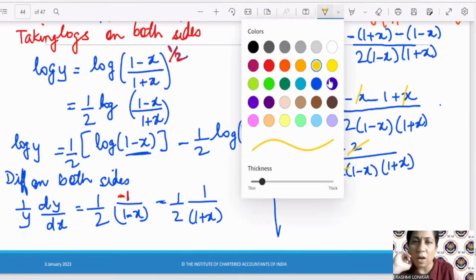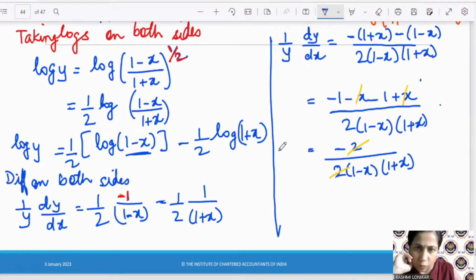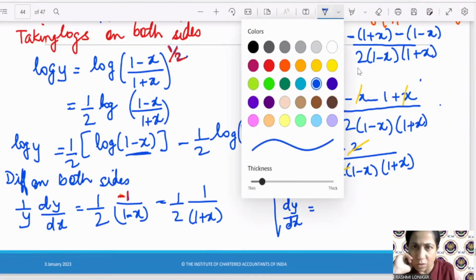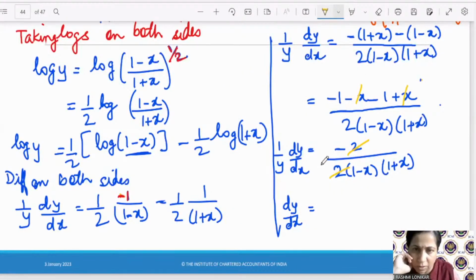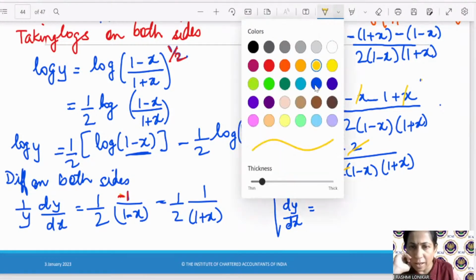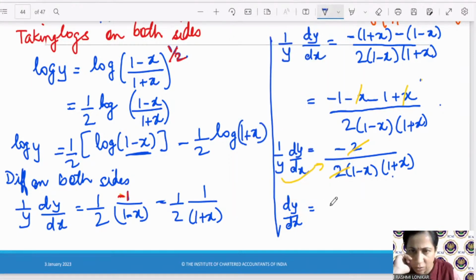So I have 1 upon y dy by dx, so dy by dx is equal to minus y upon (1 minus x) into (1 plus x), which is equal to 1 minus x square.